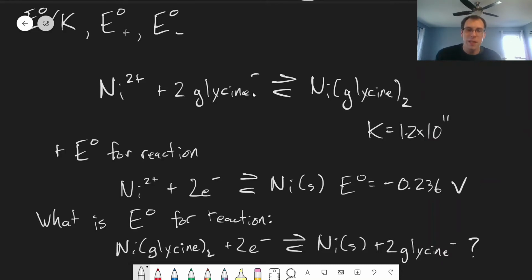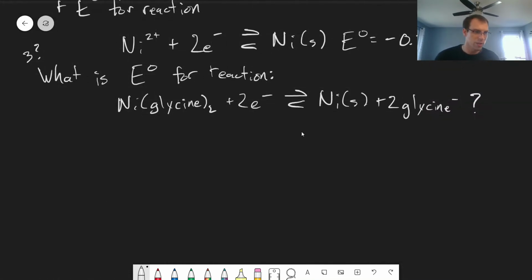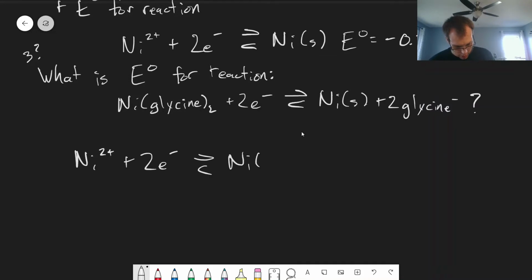So for the 3 pieces of information, we know K, we know E naught for one of the reactions, and we don't know piece number 3 here. Okay, so the first step here is that we need to know how these reactions are related. If we write our reduction of nickel reaction here, that's one piece.